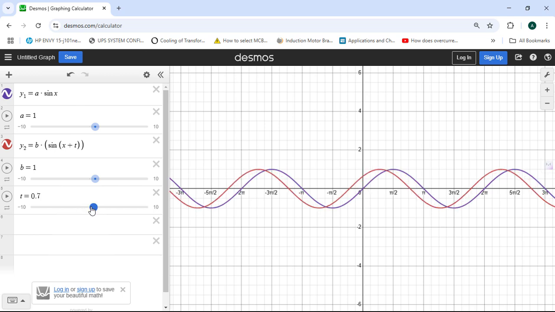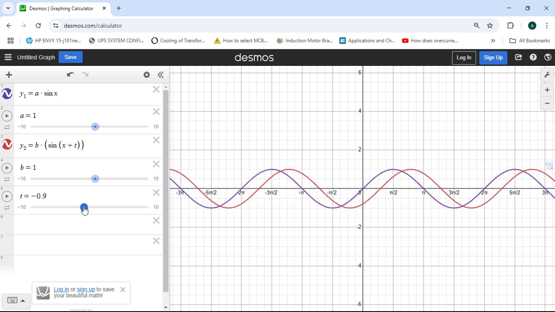So if we have a resistive load, they will be in phase. But if we have an inductive load, this will make the current start lagging the voltage. And if we have a pure inductive load, the value here will be pi over 2. It will lag the voltage by pi over 2.